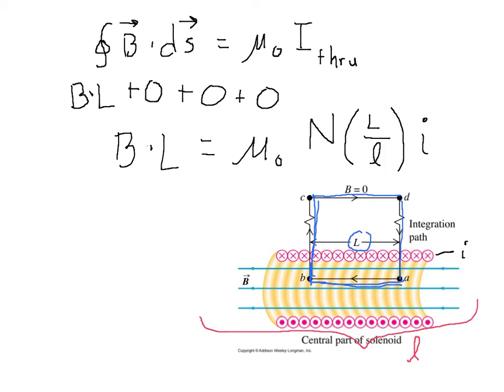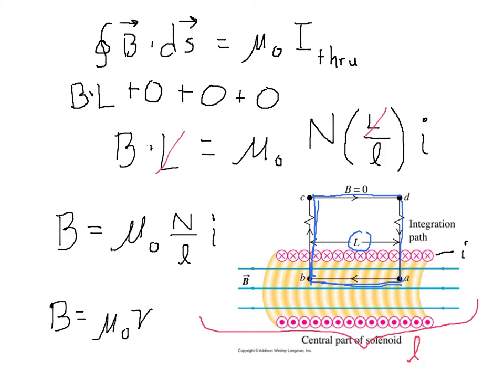So what happens here? Well, we have an L on the left side and we have an L up here on the right side. And so when we cancel those out and solve for B, we get this expression: mu naught times N over little l, the length of the solenoid, times I. And this is most commonly written mu naught times little n times I, where little n is called the coil density, how many turns you have per length of solenoid.